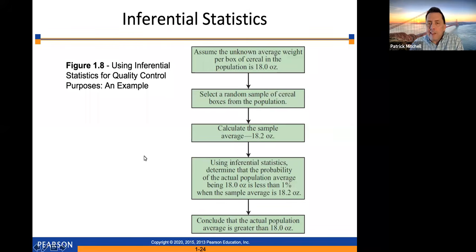Using inferential statistics, we determine that the probability of the actual population average being 18 ounces is less than 1%, if the sample average is 18.2 ounces. So based on that, I would conclude that the actual population average is greater than 18 ounces. I believe, so this is my first time using this book, I think this is the kind of thing we're going to be doing in chapter 9. I believe it's chapter 9.